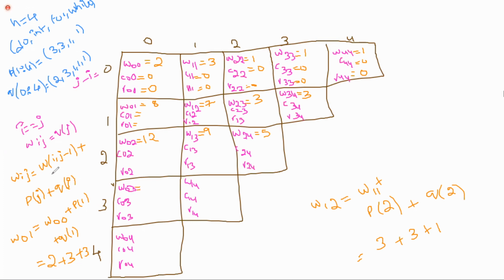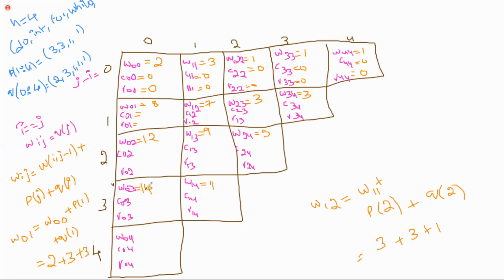W03 means W02, which is 12, plus P of 3 is 1 and Q of 3 is 1. 12 plus 2 is 14. W14 is W13, which is 9, plus P of 4 is 1 and Q of 4 is 1. 2 plus 9 is 11.